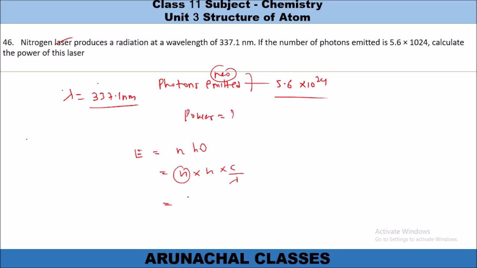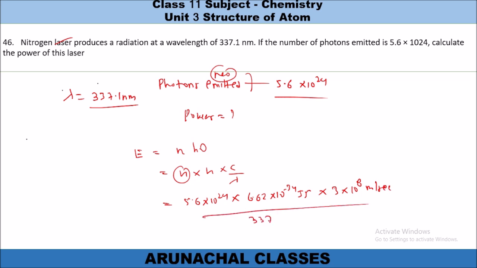Number of photons is 5.6 into 10 power 24, multiplied with 6.62 into 10 power minus 34 joule second. c is the speed of light, 3 into 10 power 8 meter per second, whole divided by wavelength, which is 337.1 into 10 power minus 9 meter. After solving this, we will get a value of 3.289 multiplied with 10 power 6 joule. So this will be the energy, that is the power of the laser.